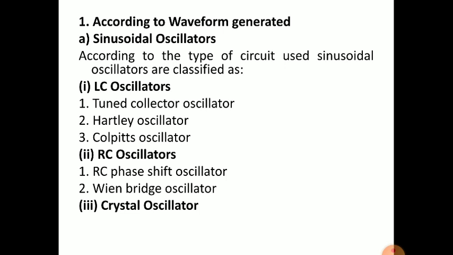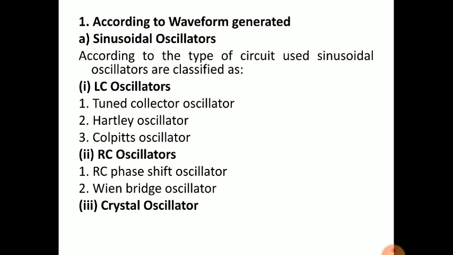In the LC oscillators we have the tuned collector oscillator, Hartley oscillator and Colpitts oscillator. From the previous lesson, if you remember, these are tuned amplifiers. Tuned amplifiers will produce oscillations, but we concentrated more on the frequency response only in the previous lecture.